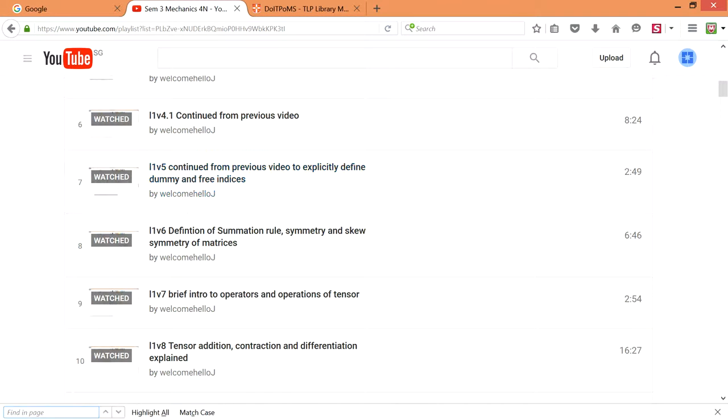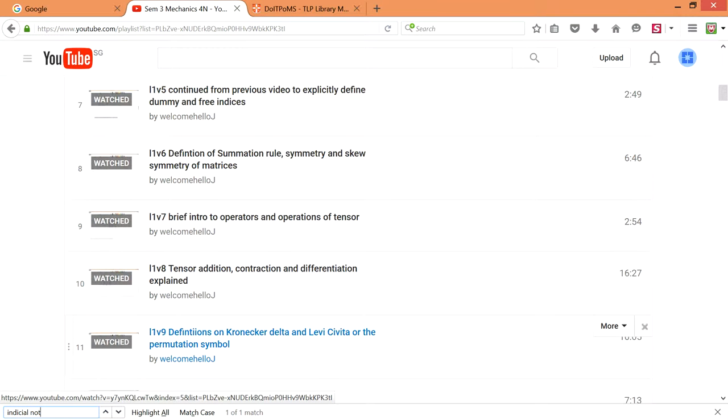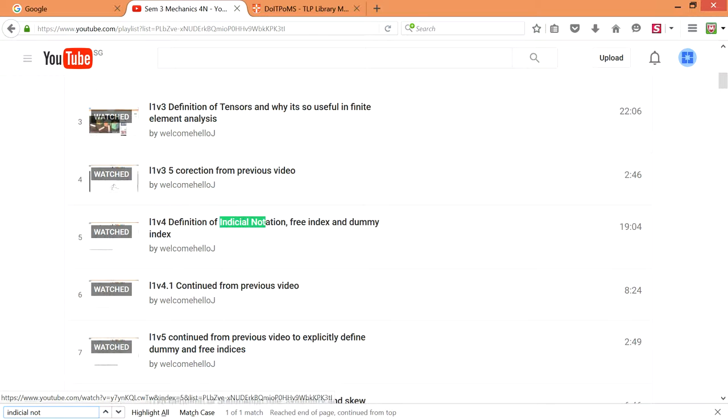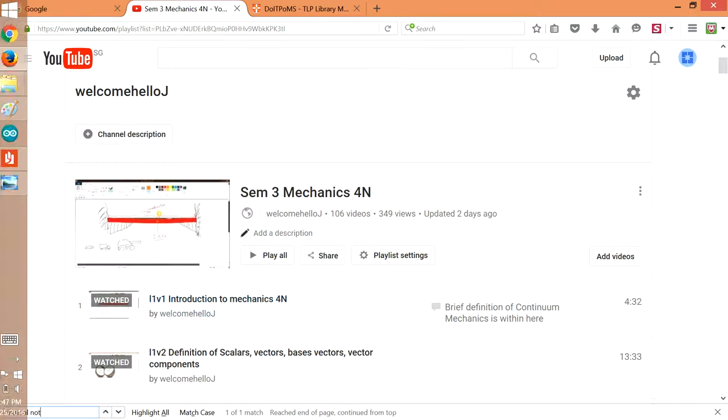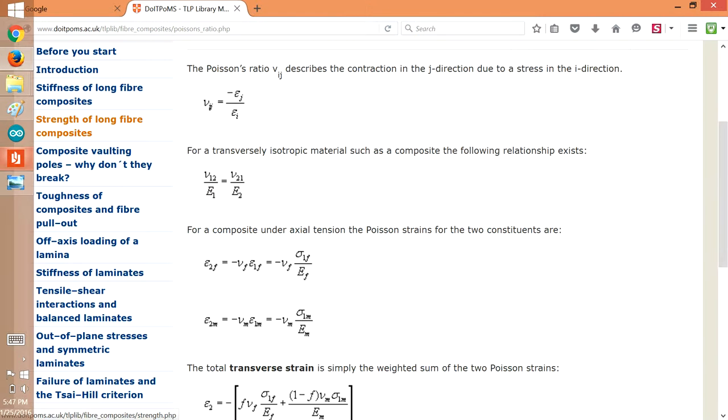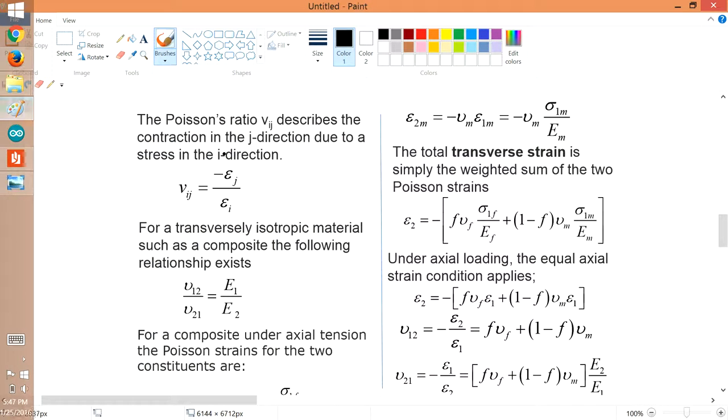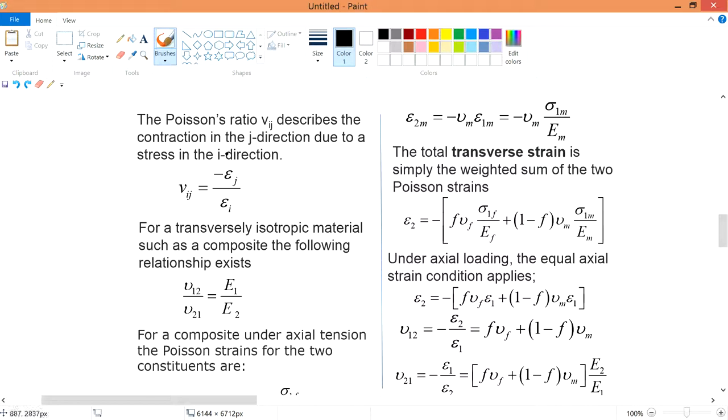You go Control F and then index notation. Most probably you can see a few items coming out. So I'll not go through the things within the index notation. I'll assume that you have understood, but it's pretty simple.